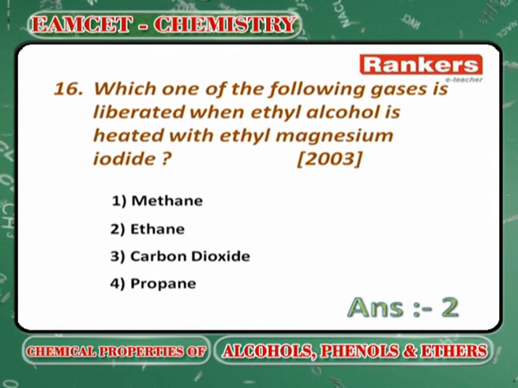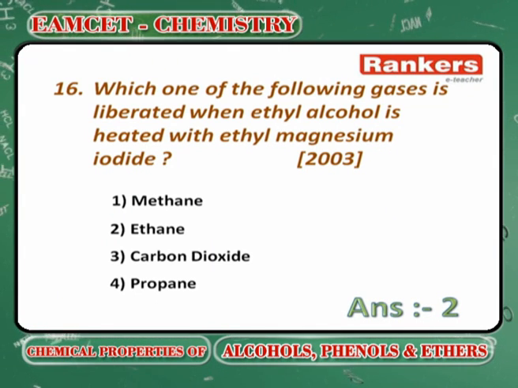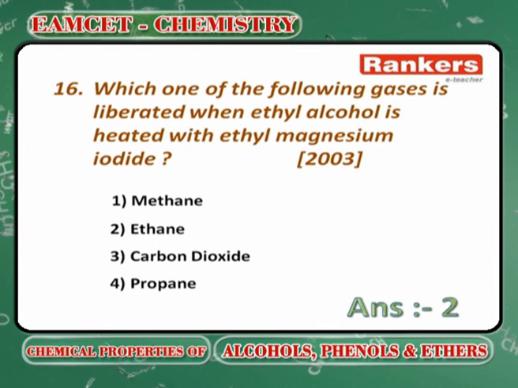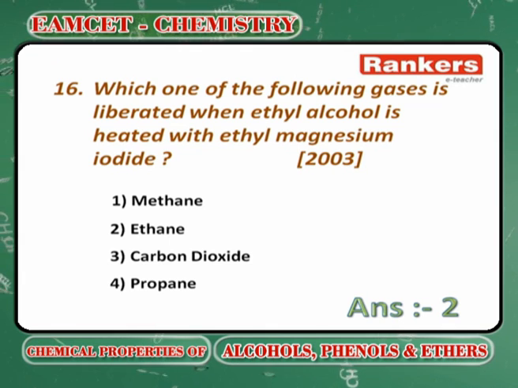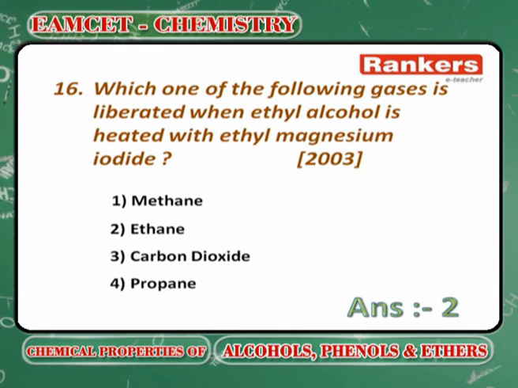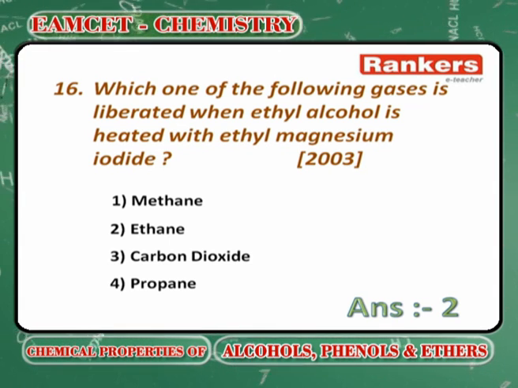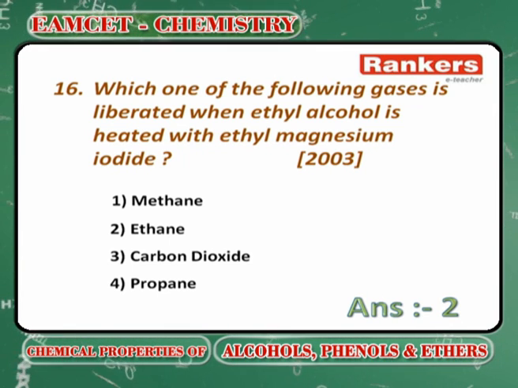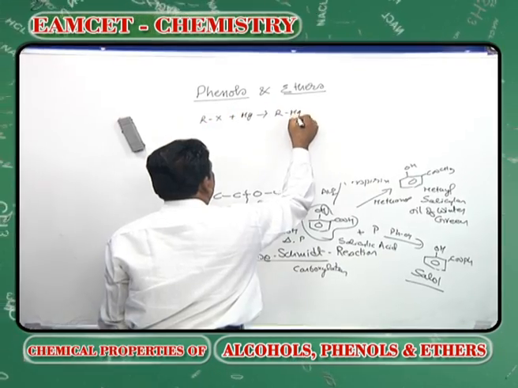16th one. Which one of the following gases is liberated when ethyl alcohol is heated with ethyl magnesium iodide? See, here the reaction is like this. RX when treated with magnesium gives RMgX.